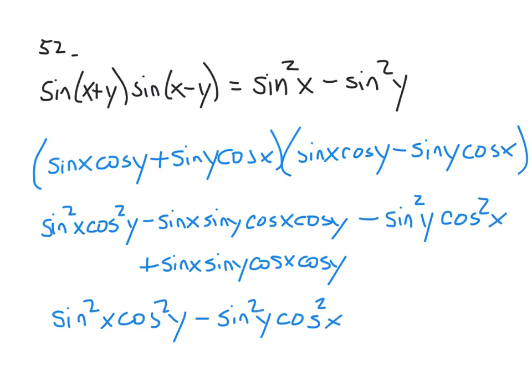Okay, now this is a good time to take a look at what we have over here. And we have everything in terms of sine. We have these cosines sitting there that we're going to have to deal with. And so, I told you once before, anytime you see squares, you should be thinking of the Pythagorean identities. And I'm going to substitute in using the Pythagorean identities, so that I can get rid of these cosines and write them in terms of sine.